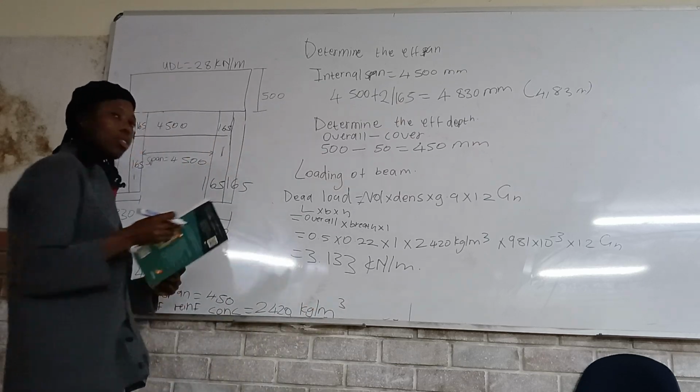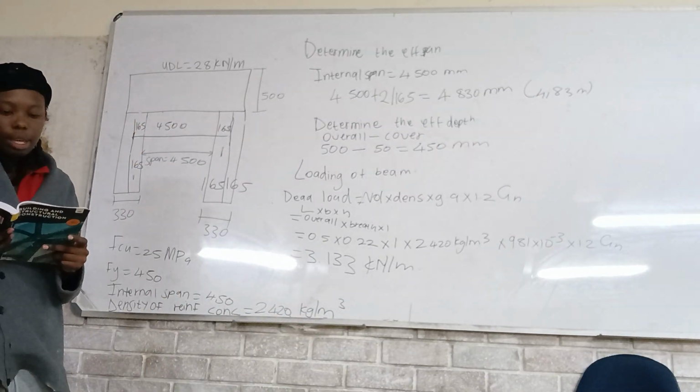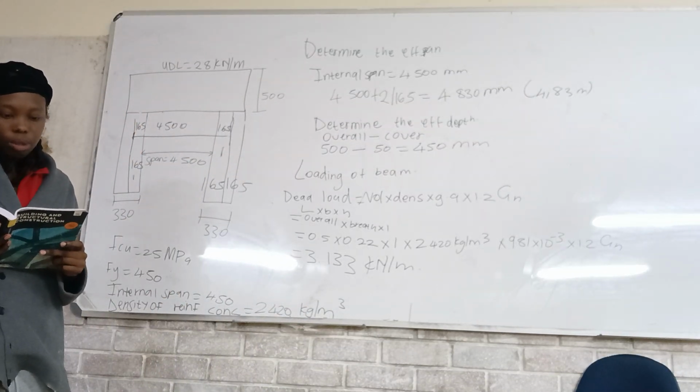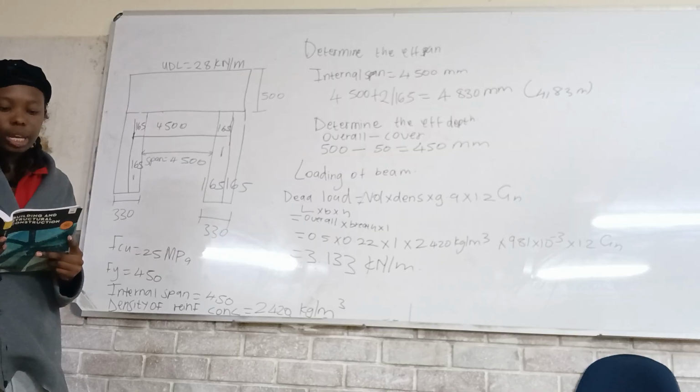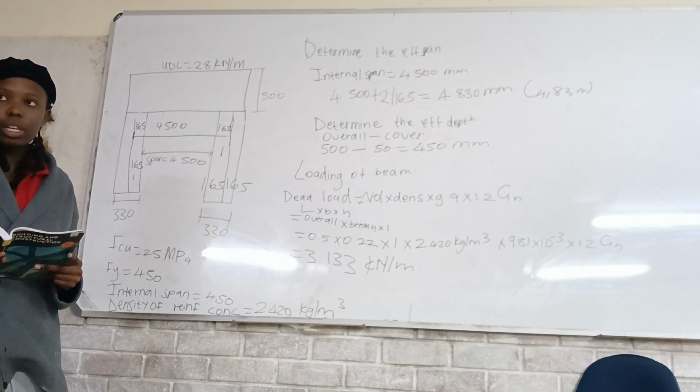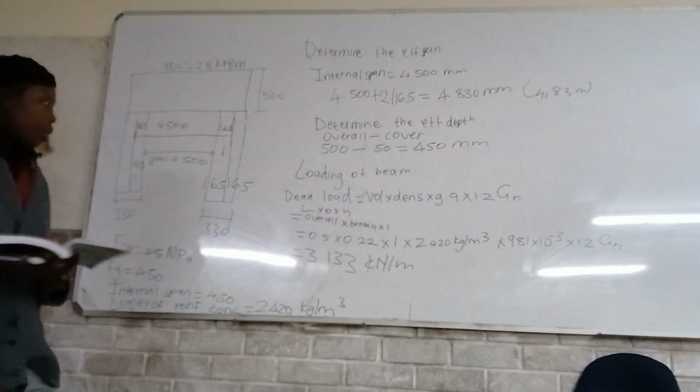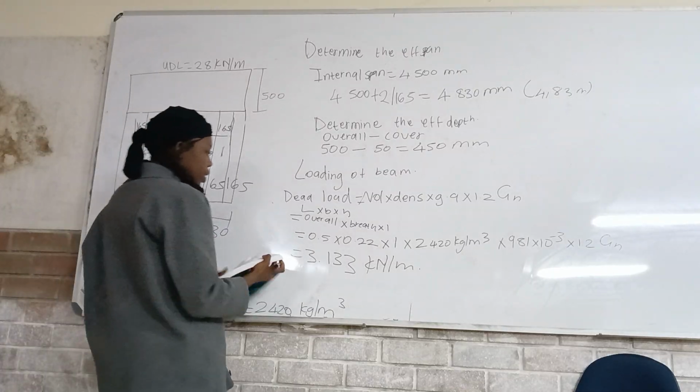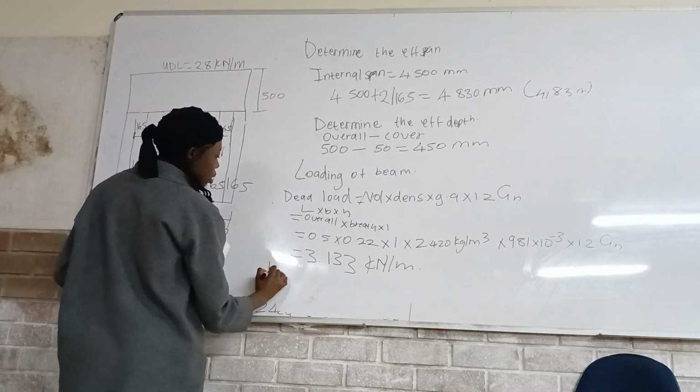So now let us go to our statement. They gave us a UDL: the beam will support a uniformly distributed load of 28 kilonewton per meter. So how do we calculate the design UDL?